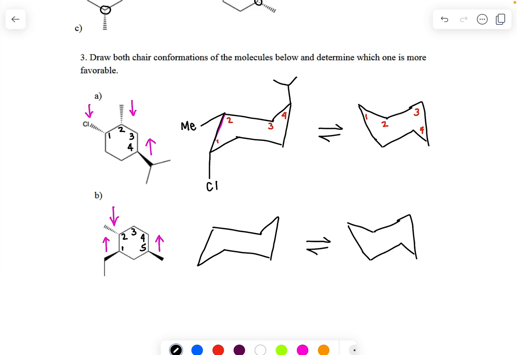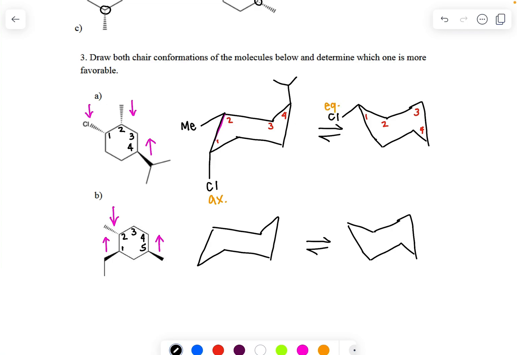Now, when I do the ring flip, everything that's equatorial is going to be axial, but I'm going to keep the same direction. So when I move my chlorine to the other chair, it also needs to stay facing down. But now it's going to be equatorial. So notice, chlorine went from axial to equatorial.